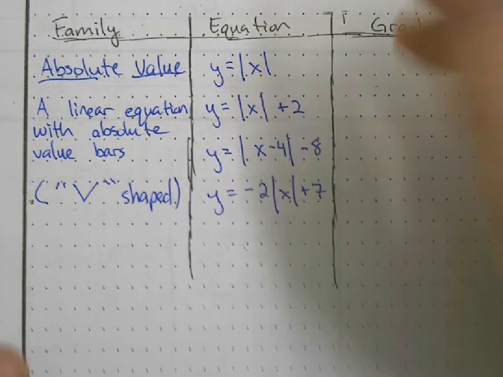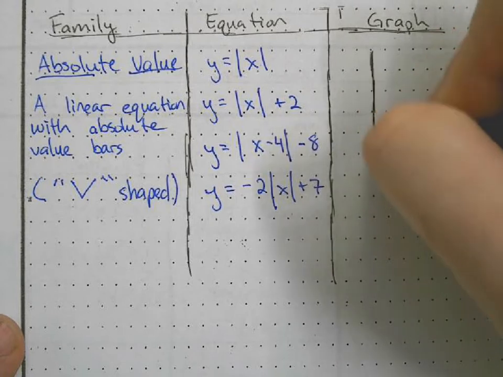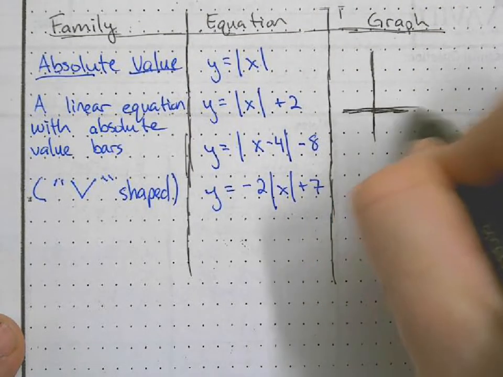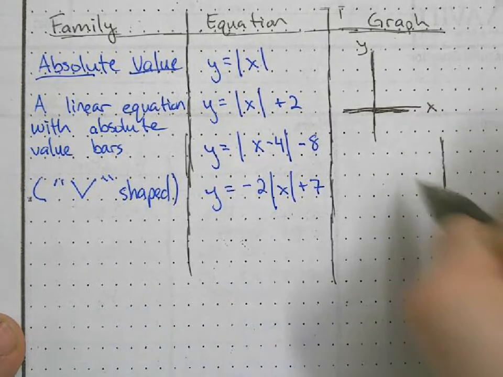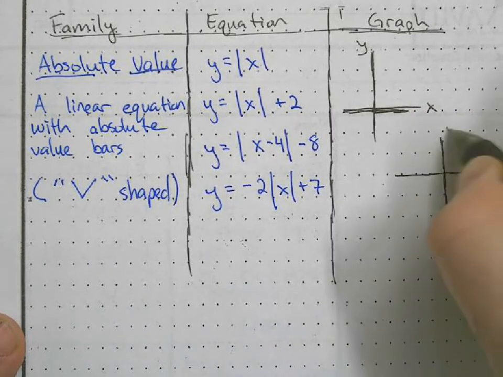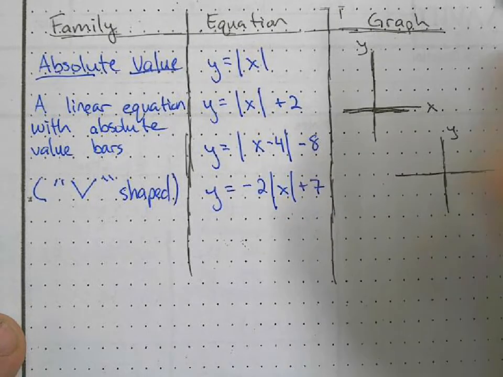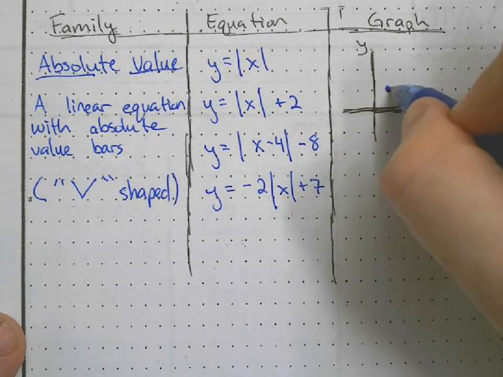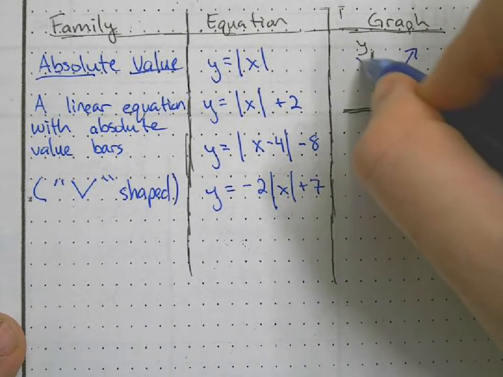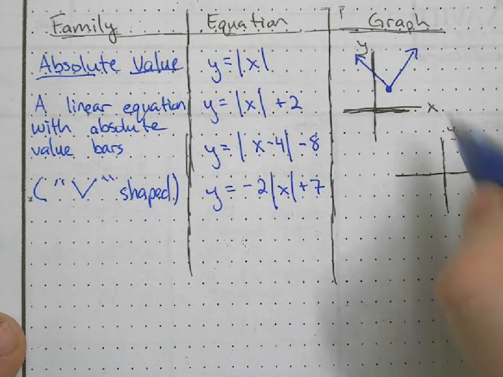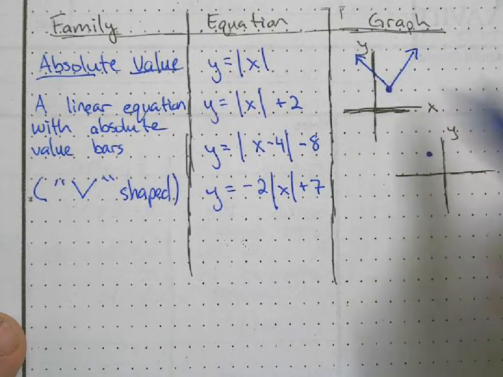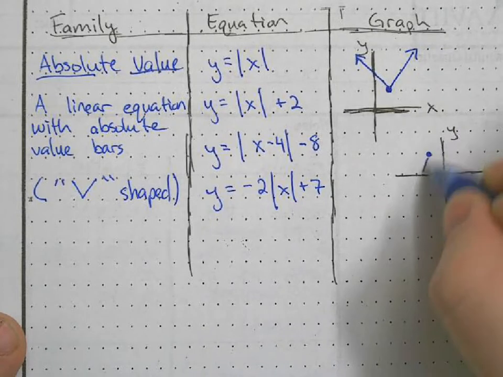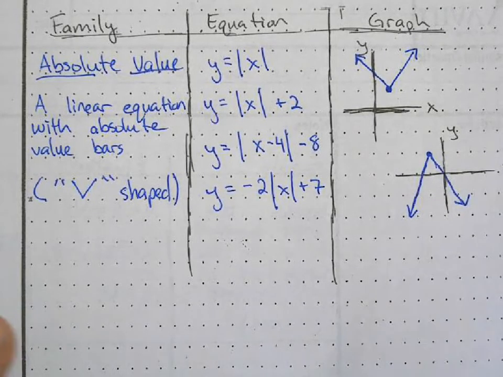And we essentially have two different kinds. They just look like V's. They're very similar to our quadratics, but instead of having curvature, they're just straight lines. We can have them opening upwards, and that's our positive ones, or opening downwards, and these are our negative ones.